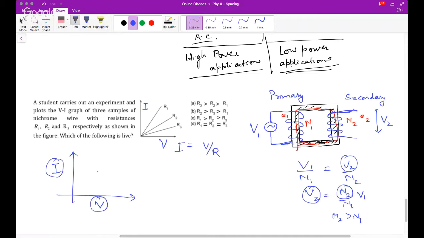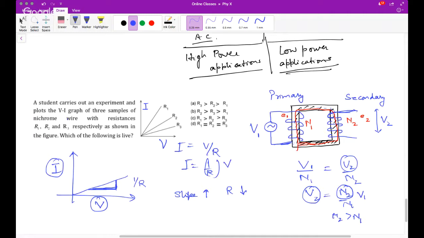Now the slope here is 1 upon R, isn't it? Because I is equal to 1 upon R times V, so the slope is 1 upon R. So the higher the slope, the lower R will be.